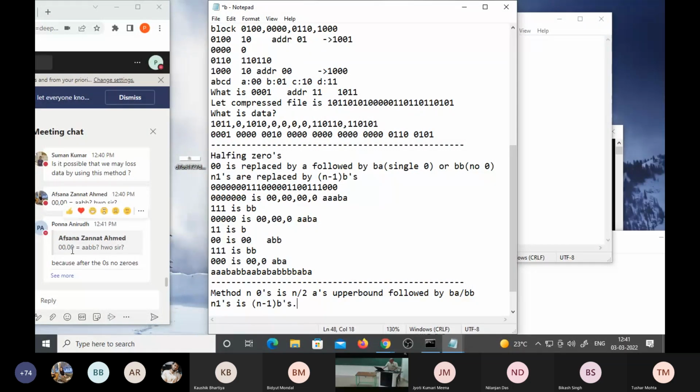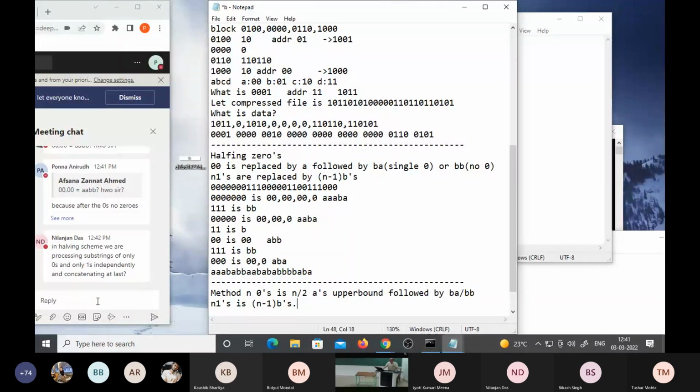You see, 0, 0, 0, 0 is A, B, B. How? Because this double zero is A and this double zero is also A. Is it correct? So it becomes A, B, B. Yes, fully correct.